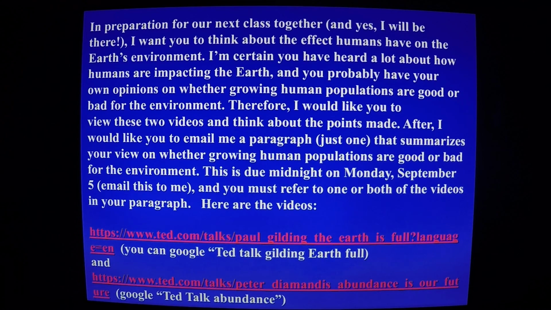Or are we already experiencing some severe effects? Or if we add 1 billion people, is the world going to be a better place for us? What exactly is 1 billion more people going to do in terms of how it affects your life? That is the unknown, and that's something I want you to think about.